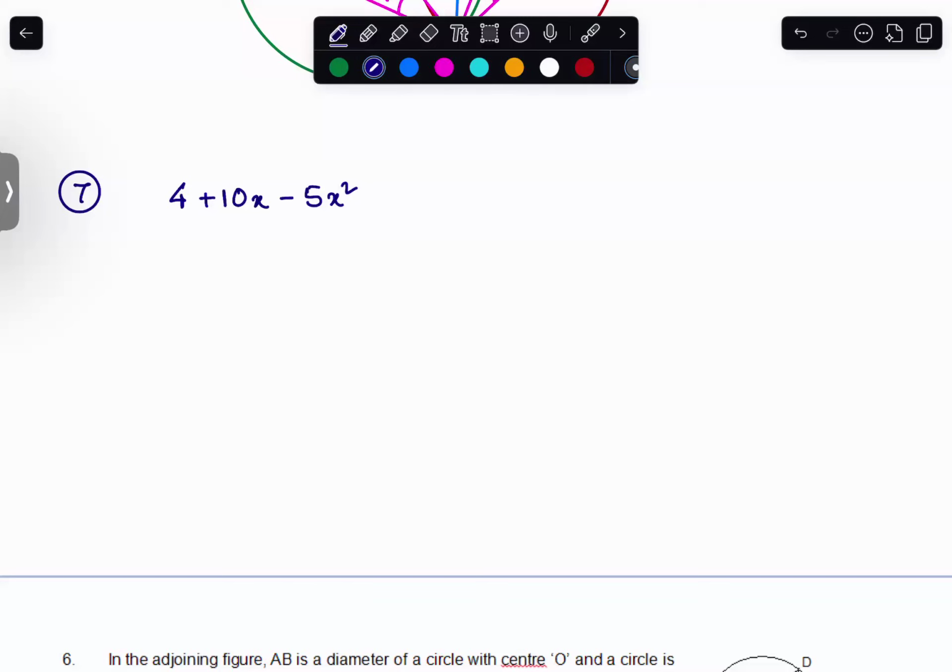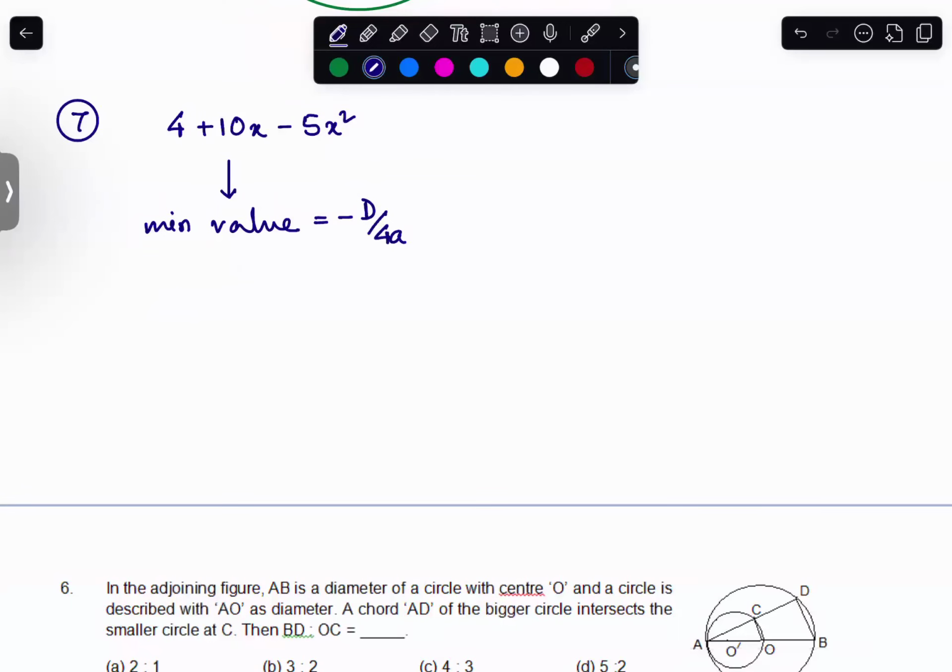So comparing with ax square plus bx plus c, you can say leading coefficient is minus 5, that's negative. So the minimum value will be approaching minus infinity and the maximum value will be minus d by 4a, where d stands for discriminant and a is the leading coefficient.